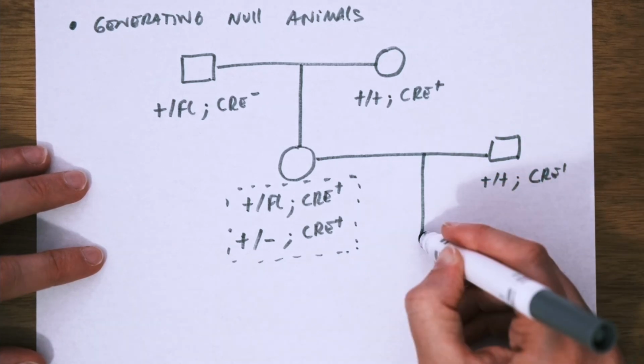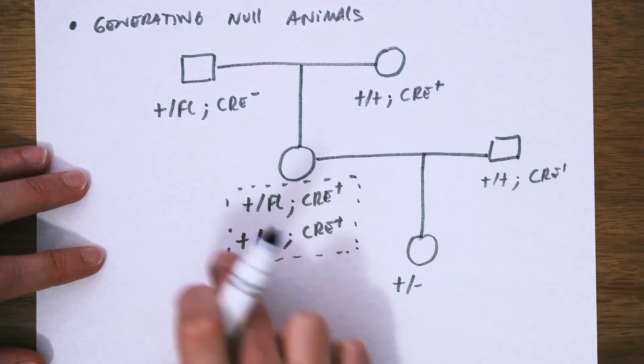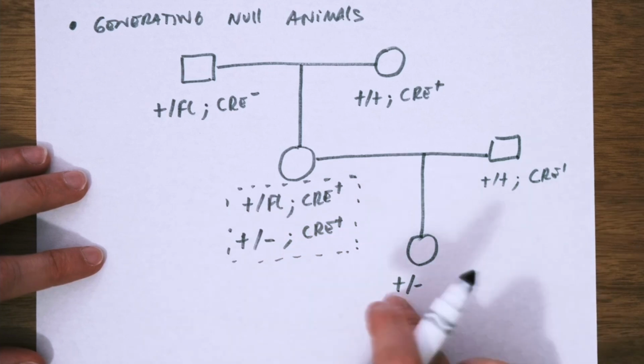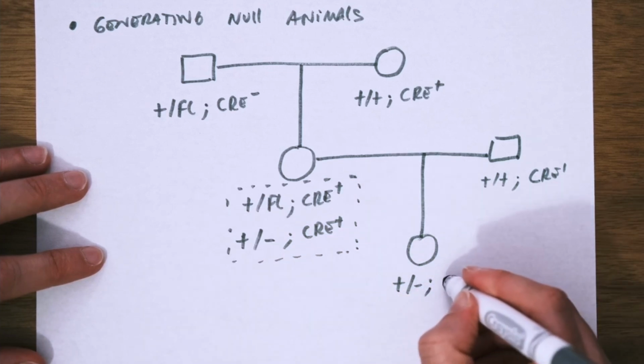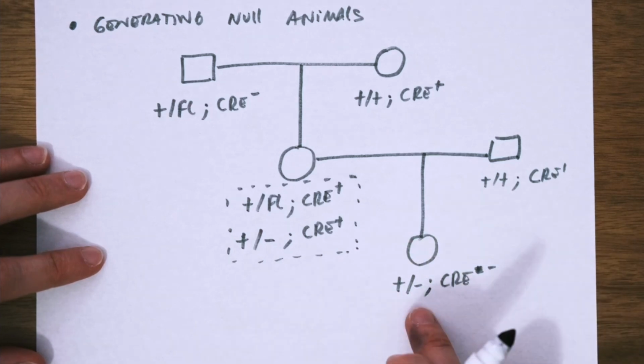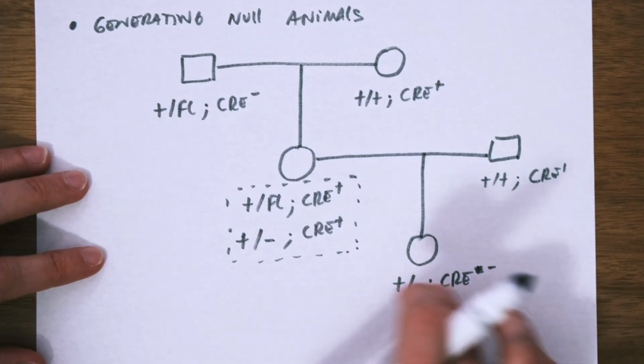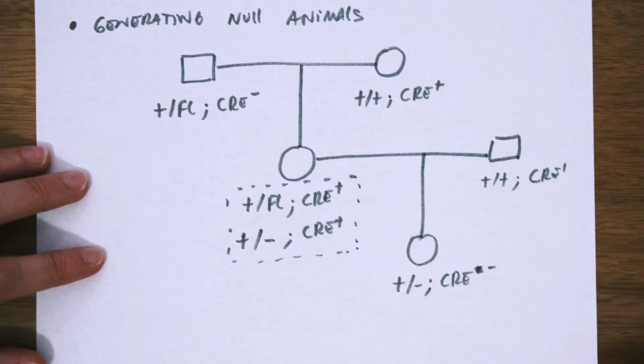So we will have an animal that, if the germline has been converted, can transmit the null allele, and then we want to get rid of the Cre. So we have an animal that is heterozygous for the mutation, and then we can cross this animal to another one that was generated in a similar way.